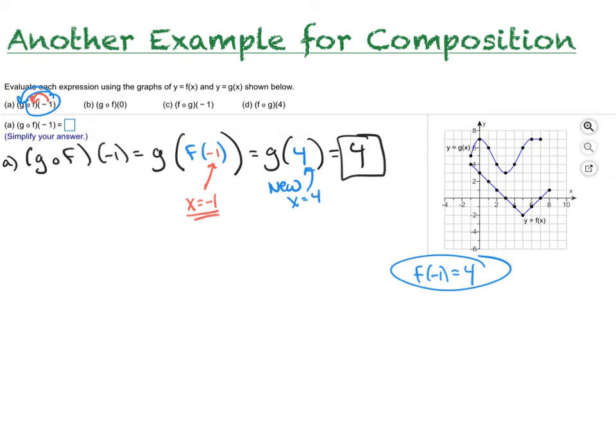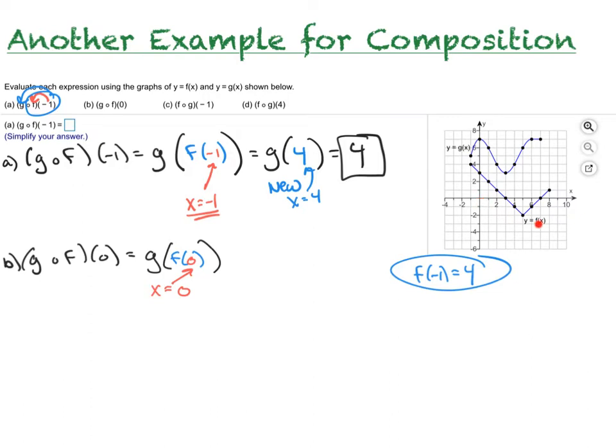Let's do another one. Let's do g of f of 0. So rewriting that, that's g of f of 0. This means we're going to plug in x equals 0 and see what f gives us. So here's x equals 0.